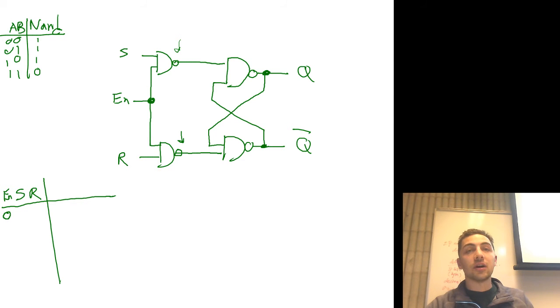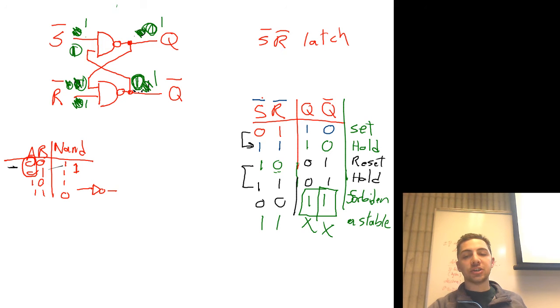If enable is 0, well, 0 NANDed with anything is a 1. So it doesn't really matter what these are. S bar and R bar will both be 1. Now, remember, 1 on the NAND latch is my hold state. I have a hold state when I have a 1, 1.